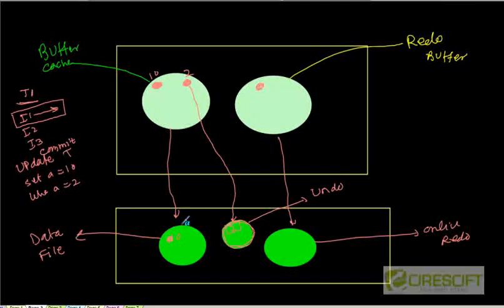So the goal here is how big this file will be, and until how long I'll store these old values. If I want to store the old values forever, then I would need an undo space similar to the data files, or a little less, but it should be very huge. But that is not the goal.